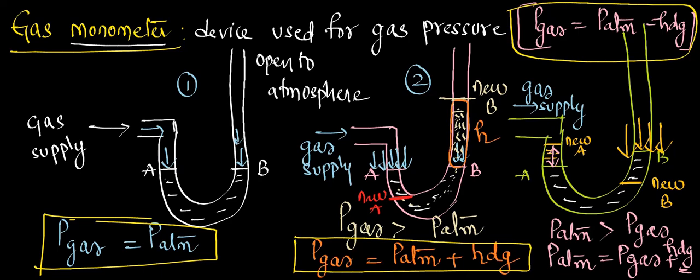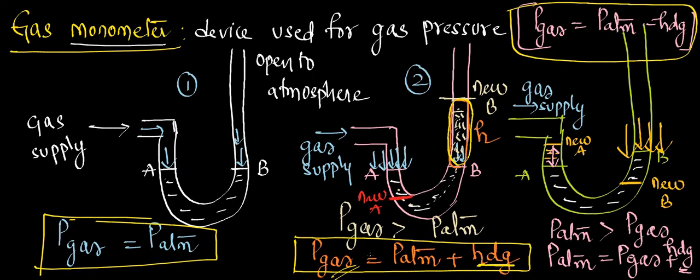Yeah, ma'am. The same concept here. Here the gas pressure is more than the atmospheric pressure. How much more? HdG. If the gas side is more, and you take the pressure due to this height of the liquid and add that to atmospheric pressure, you will get the gas pressure. Pressure of the gas is more, but how much more? It's equal to the pressure of the height part of the liquid.